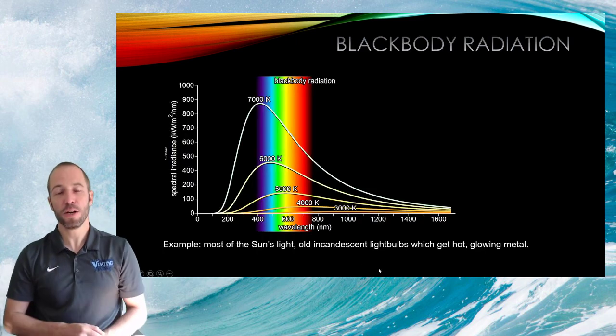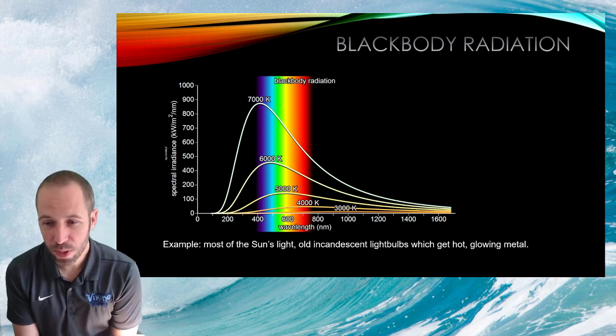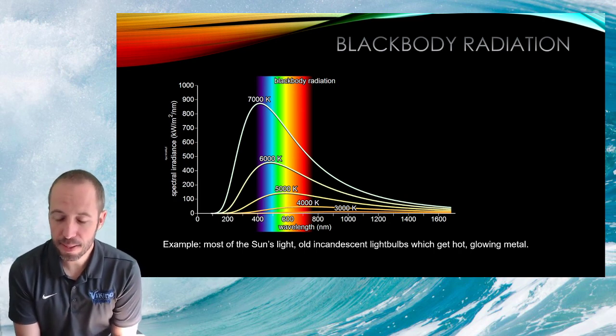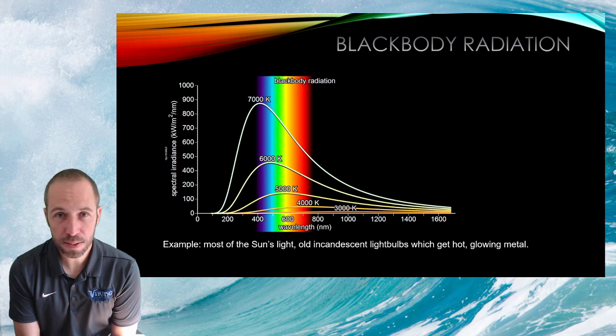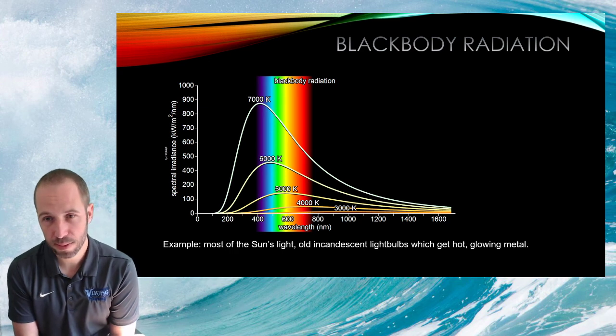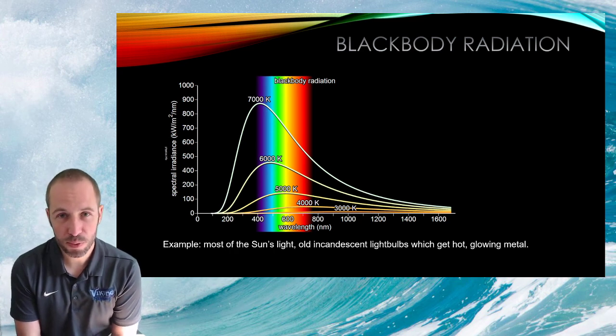So here's a chart for blackbody radiation. What's weird is if you look at the x-axis, it makes sense in terms of wavelength, but if you graphed it in terms of average temperature of the object, you would actually get the highest numbers on the left and the lowest numbers on the right. What's really important is, you know how in art we always think blue is a cold color, red is a hot color?